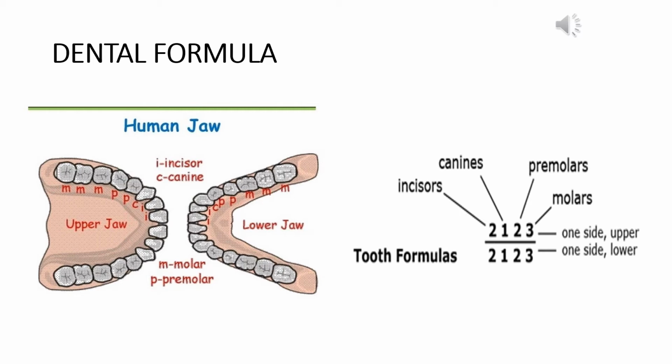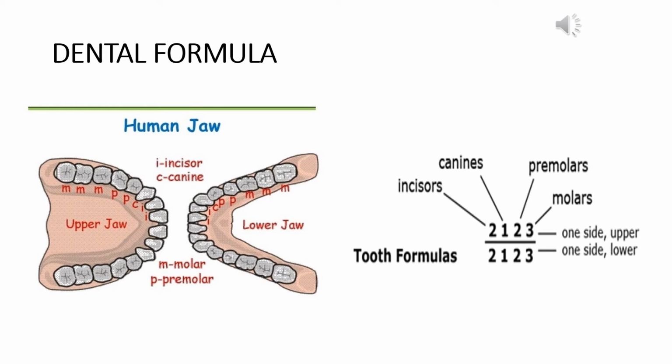Now 8 into 2 is 16. That is a total of 16 teeth present in the upper jaw, and the lower portion multiplied by 2 is also 16, so a total of 16 teeth present in the lower jaw. Now 16 upper and 16 lower together make 32 teeth present in the human jaw. So that is the representation of the dental formula.